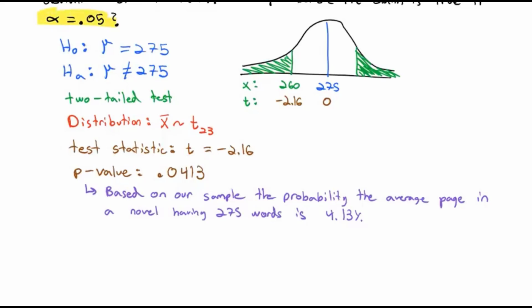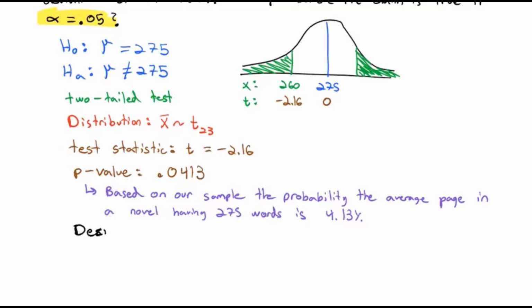And remember, we said alpha was 5%. 5% is the minimum probability where we will still believe the null hypothesis is true. 4% is less than that, so we can no longer believe the null hypothesis is true.